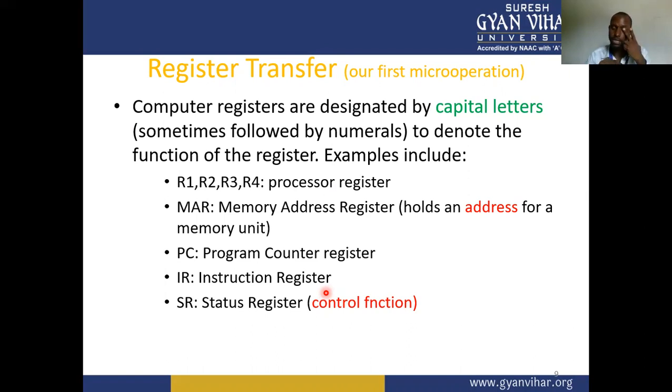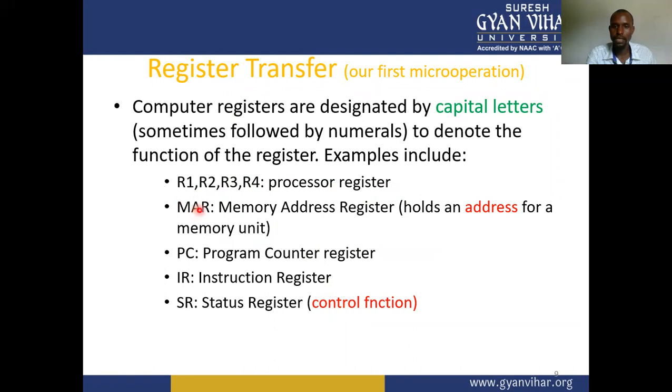So whenever we write these registers, sometimes they can be followed by numerals, that is numbers, and those will denote the function of the register. For example, in this case, R1, R2, R3, and R4 refer to processor registers.